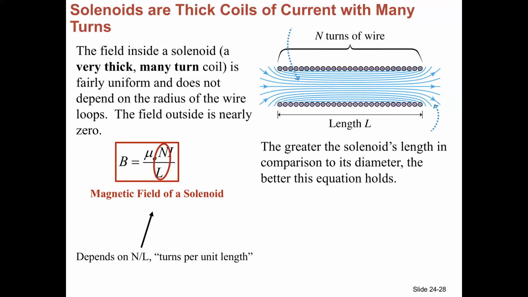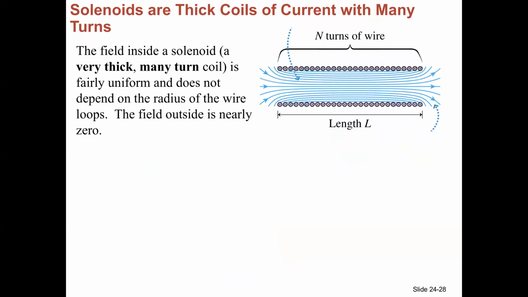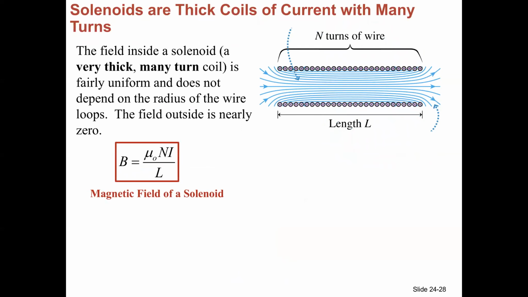If you're given the number of turns but you're not told how long the coil is, then that probably means they want you to model it as a short coil, in which case they'd have to give you the radius of the coil. So that's kind of key. If you're given that length here, then you're going to use the field of a solenoid.